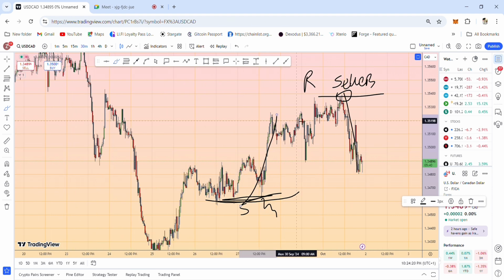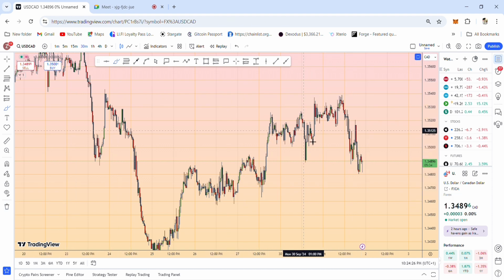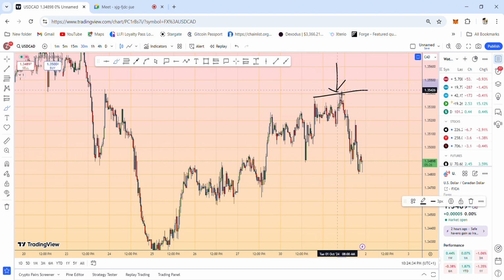So in other words, if I clear my chart now, you will notice that this area where price got rejected is a resistance area, and it's also the high. This place is a high, price got rejected here.